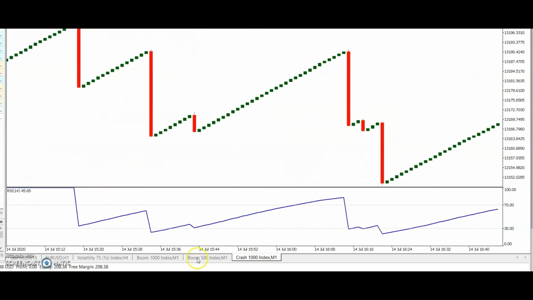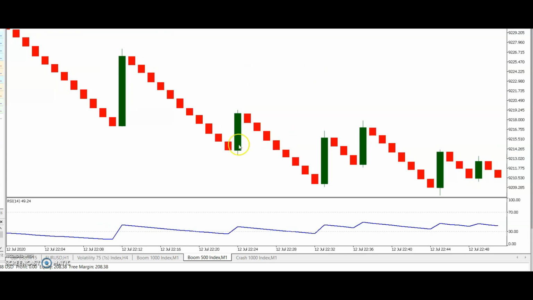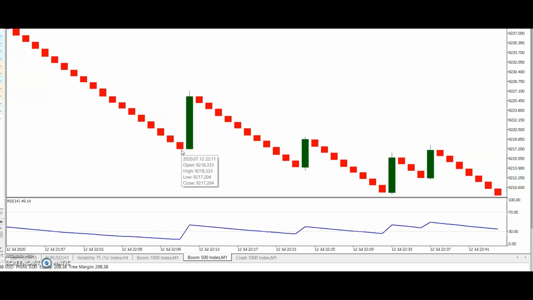Okay, let's go to boom this time. This time we're looking below. So basically I'll just see my peak like this. Price approached. This peak corresponds to this one.